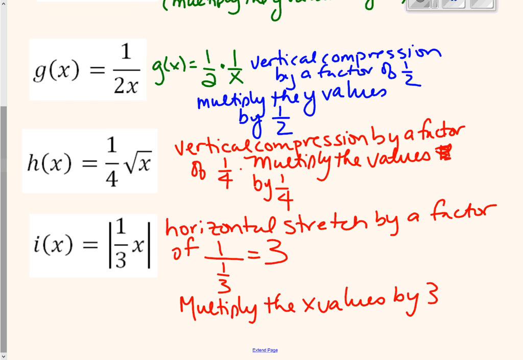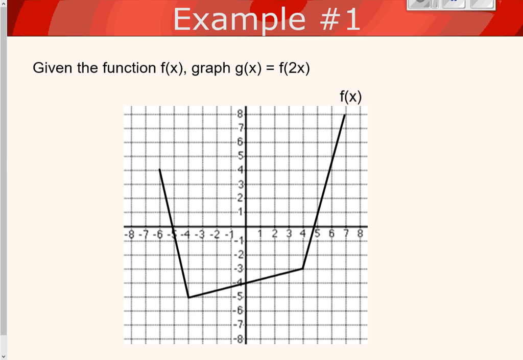All right, so let's keep going with this. Let's say we have this function, f of x, and we want to graph f of 2x. So I'm going to start with my 4 points that are on this graph, so I can create my table of values.